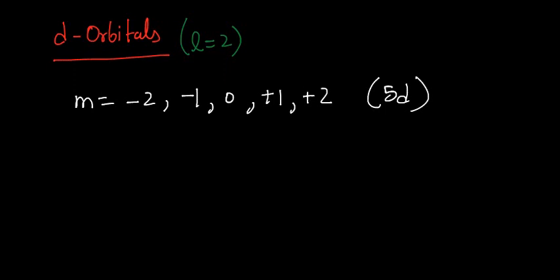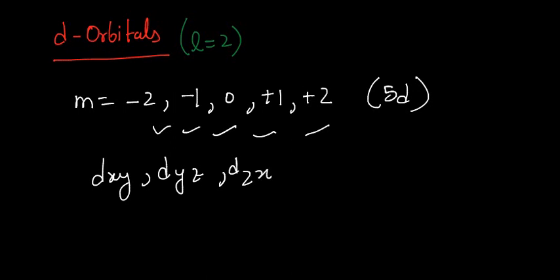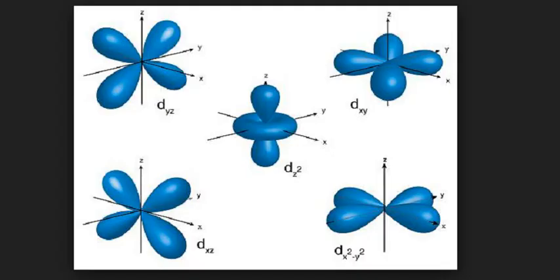Out of the 5 orbitals, the 3, that is dxy, dyz and dzx, project in between the axis, and the other 2, that is dz square and dx square minus y square, lie along the axis. This is how it looks. This is the dyz, the dxz, the dz square, dxy and dx square minus y square, as we have already figured out.